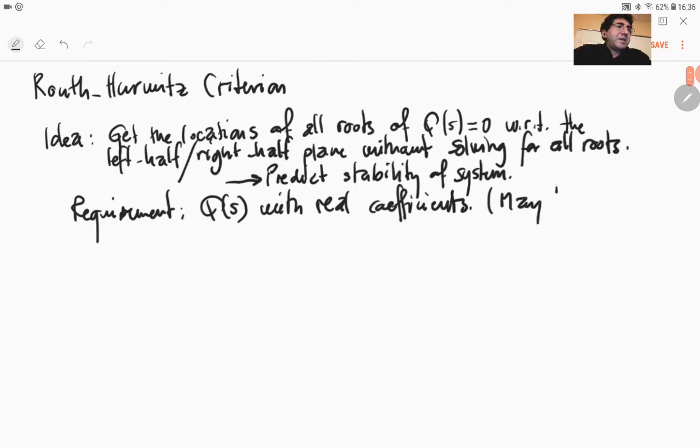There may be parameters inside. That means the polynomial may be a function of a particular parameter. Okay, so let's take a look at the procedure.